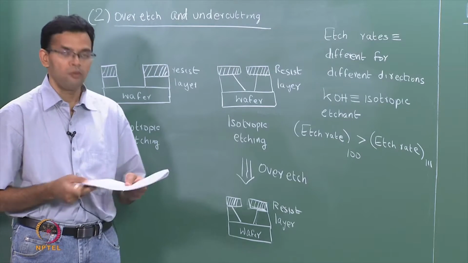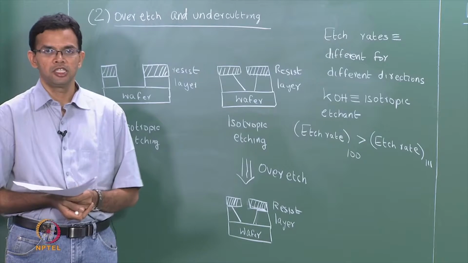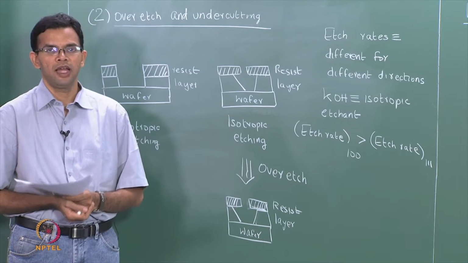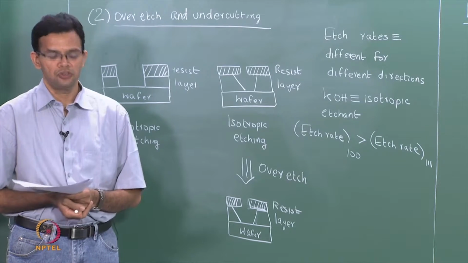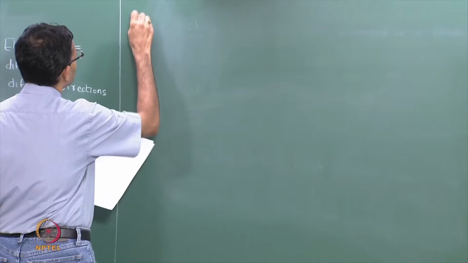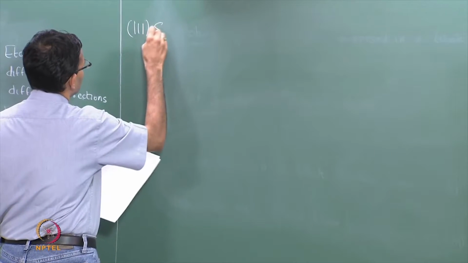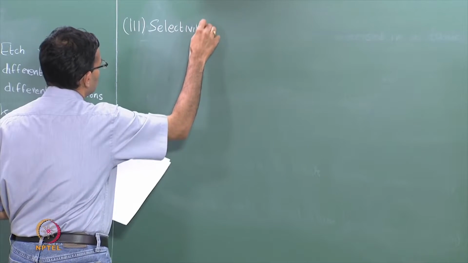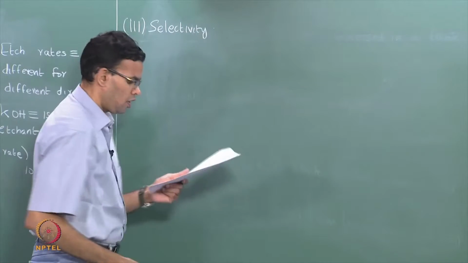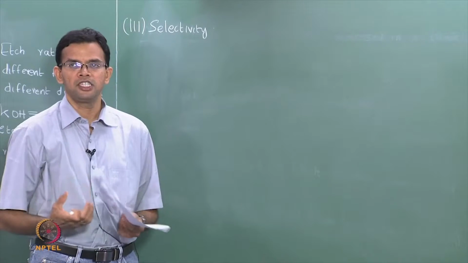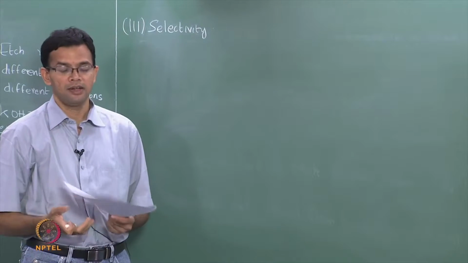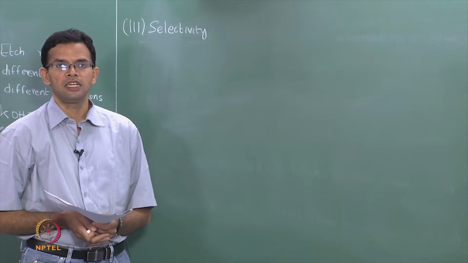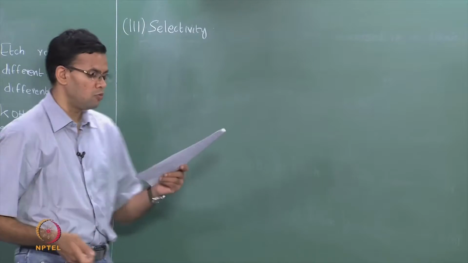Now another problem when we look at wet etch is the selectivity of the etchant material that you use. A third issue is the selectivity. You have to choose the etchant material correctly so that it is selective to the layer you want to remove.